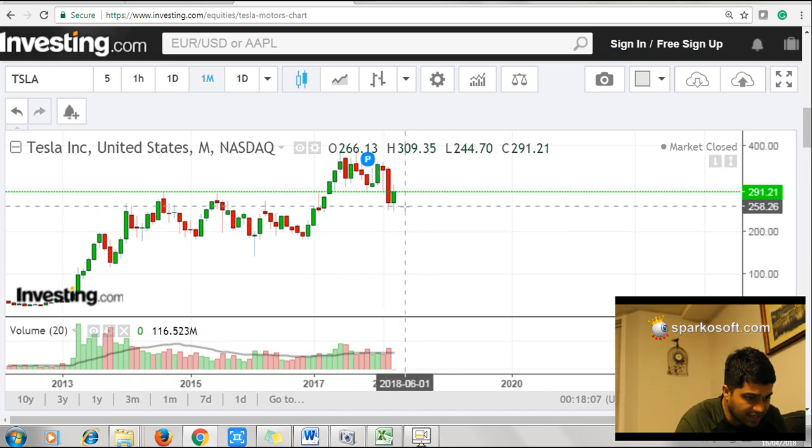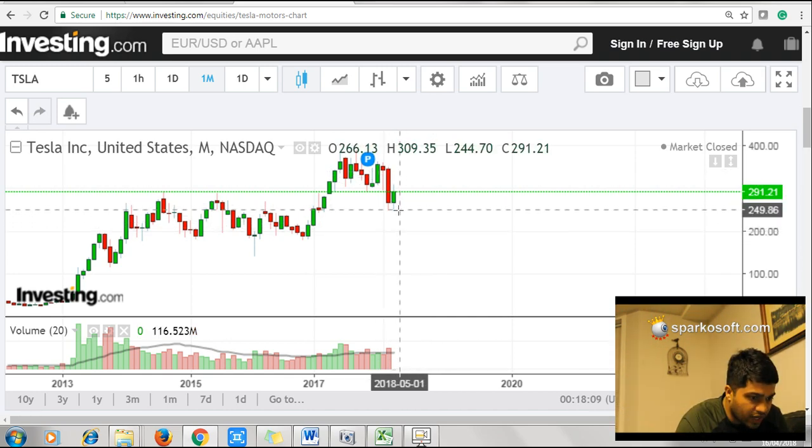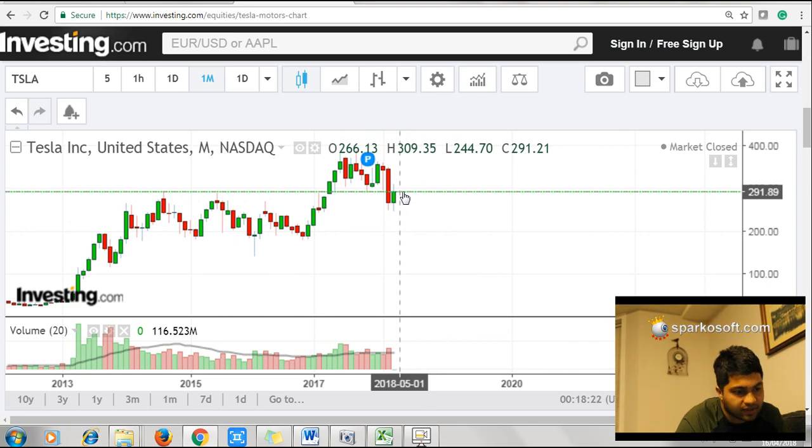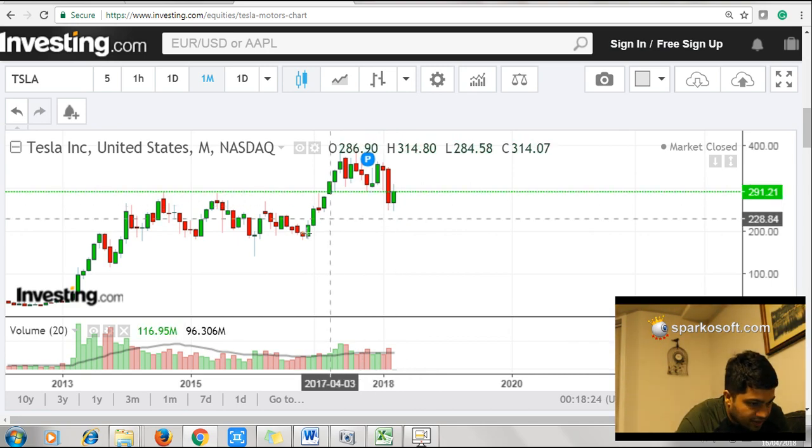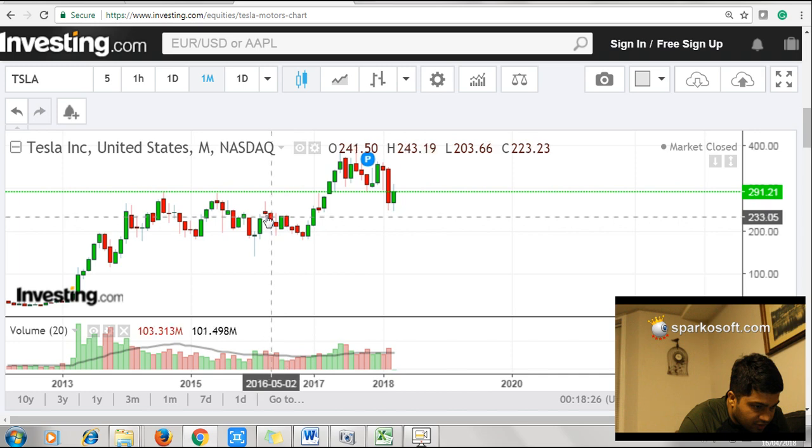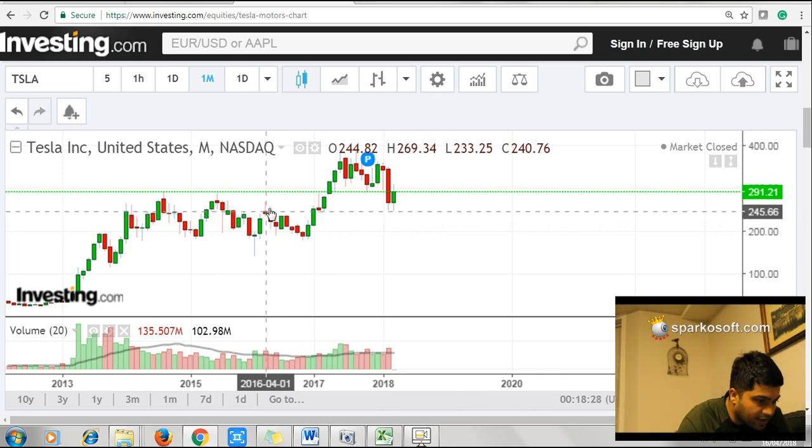So what is happening here? The stock went as low as 247 in this month, and it went as high as 308 in this month. When the month opened, it was at 266, and when the month closed, it was at 291, right? Then let's say this month, this red candle, what happened in this candle?